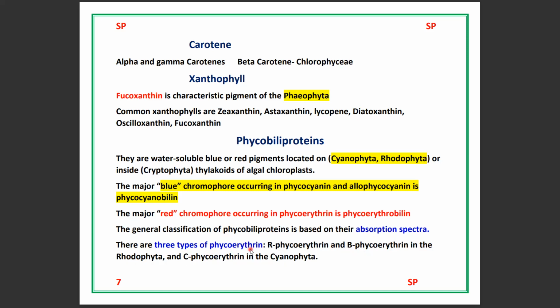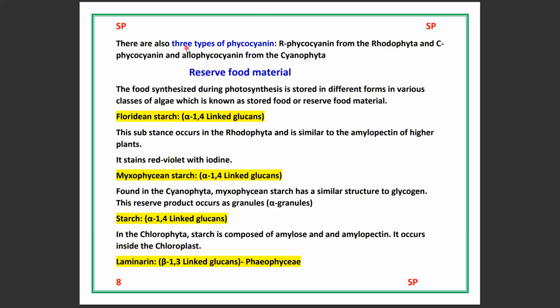And there are also three types of phycocyanins: R phycocyanin in the Rhodophyta, and C phycocyanin and allophycocyanin in the Cyanophyta.